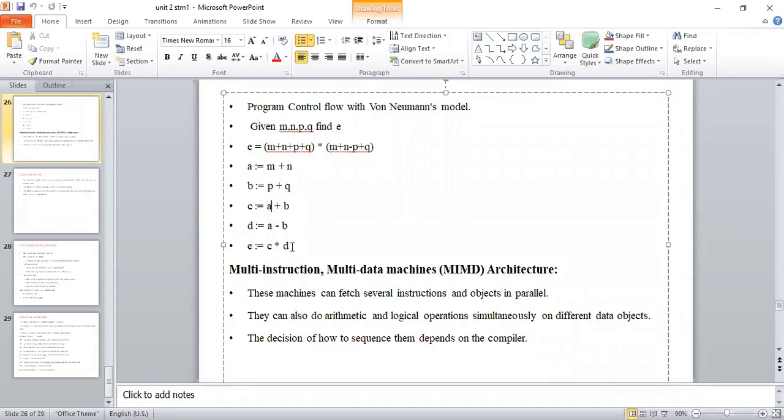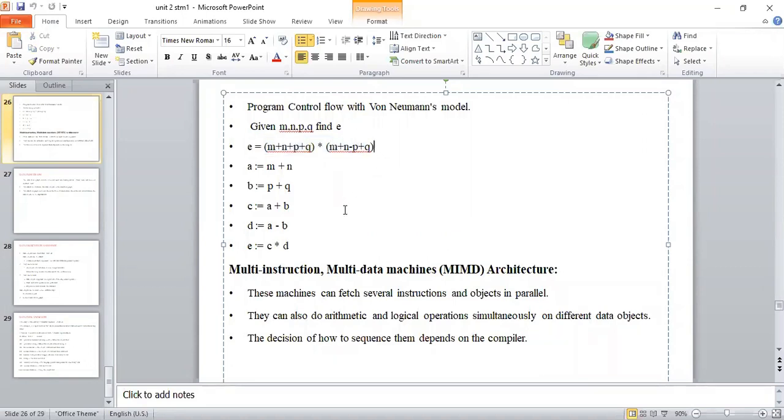First we start from E equal to C into D and fetch the instruction. Next, after fetching the instruction, it will interpret it, then interpret the operands of C. Is there any operand? Then we go for A minus B, then we substitute here, and then it goes to the B. This will be done repeatedly until this instruction E equal to M plus N plus so on is completed.